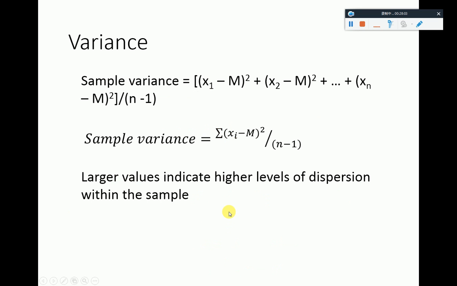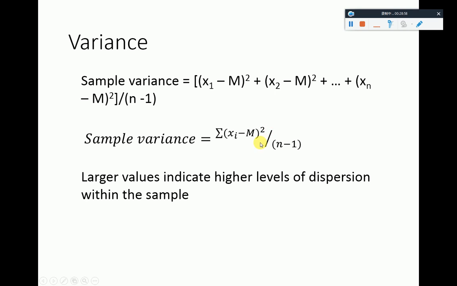So mathematically, sample variance equals this. Here's the sample mean. We find the difference between each sample value and the mean, up to the difference between the last value and the mean. We square each difference, and then we find its adjusted mean, dividing the sum of these squared differences by sample size less 1. As a shorthand, remember this is the summation sign, meaning we sum all the squared differences between each sample value and the mean.